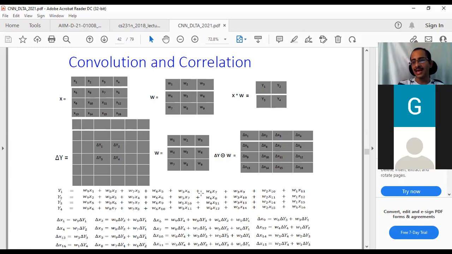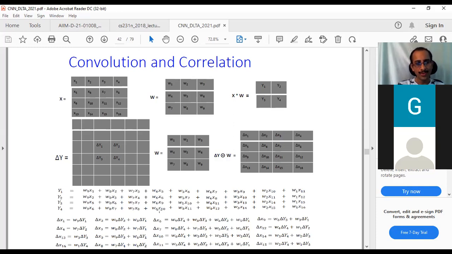Now delta X10, I need the answer from Major Girish. Delta X10 is how much? Sir, delta X10 is W3 into delta Y2. Plus, is there anything? Yes, sir, W5 into delta Y3.